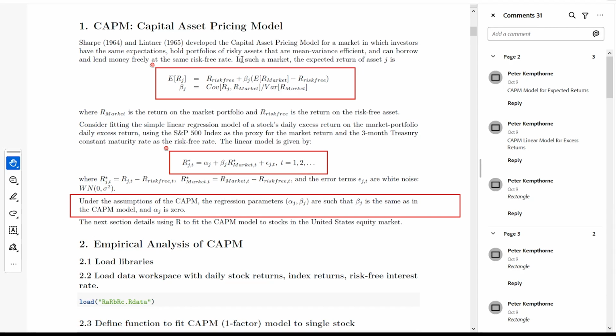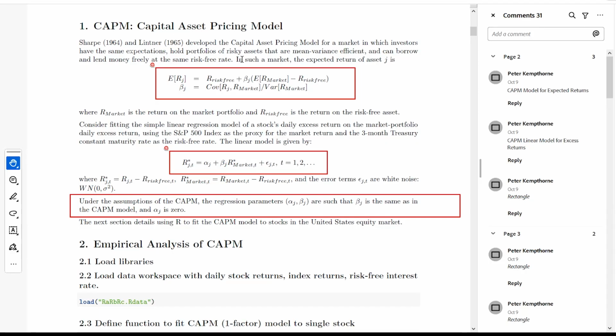And so beta J is the market risk factor, and the excess return of the market portfolio is simply how much bigger that market return is compared with the risk-free rate.